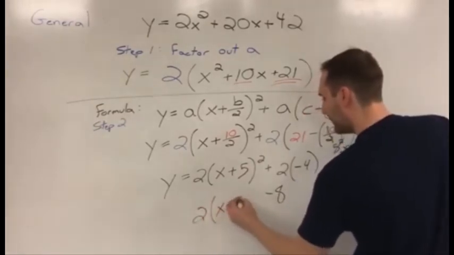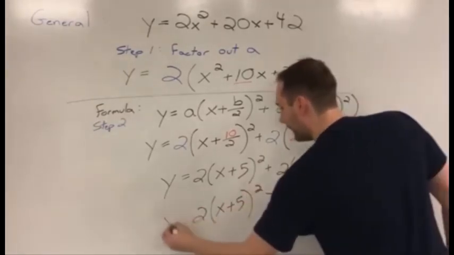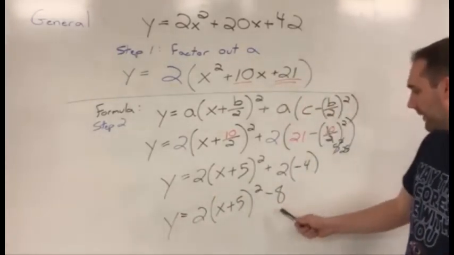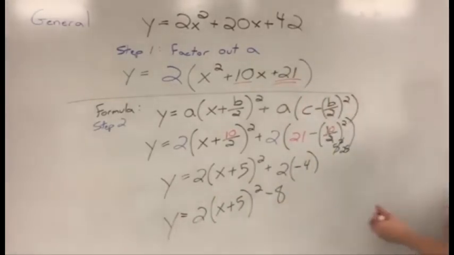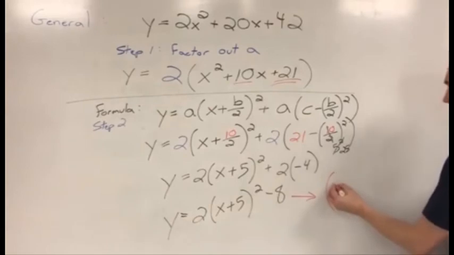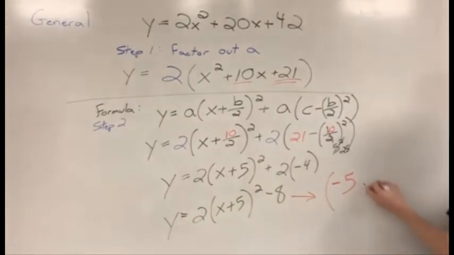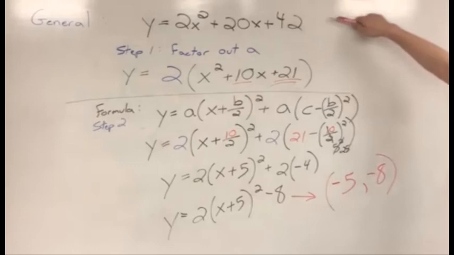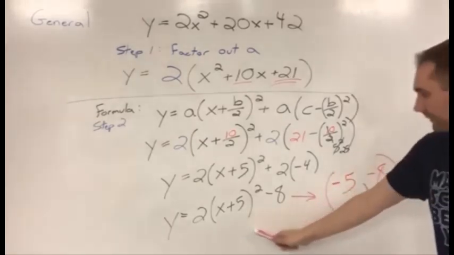So going from general to vertex, I find that my parabola is 2 times x plus 5 squared minus 8. And from here, we should know to take this directly into what is our vertex? This is a plus, so that means our h is negative 5, and our k is negative 8. So one way to find your vertex from general form is to convert to vertex form and read it straight from there.